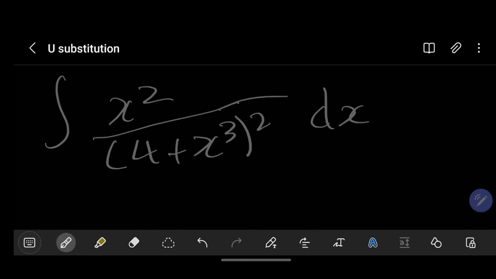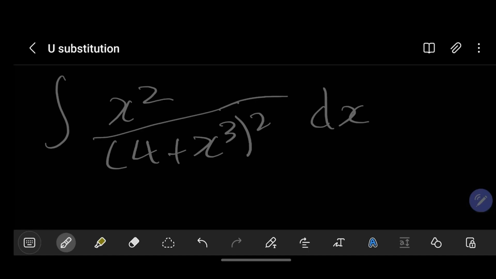So in this case, what do you think we should make u? The hint or the guide I'm going to give you here is, let's make the information that has the higher exponent the value of u.